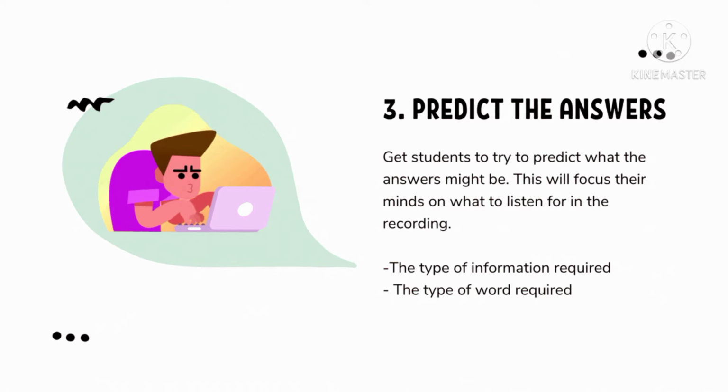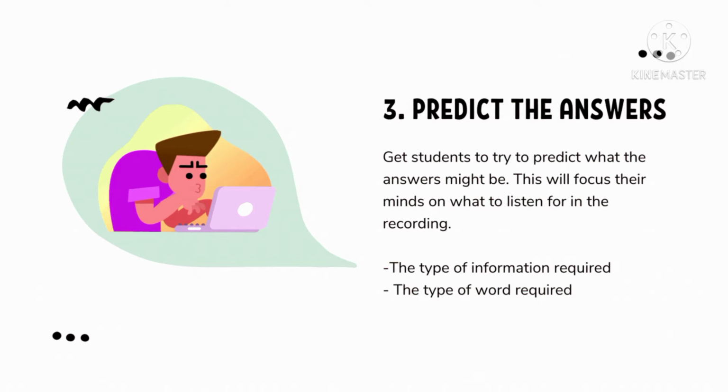3. Predict the answers. Get students to try to predict what the answers might be. This will focus their minds on what to listen for in the recording. Once in a while, students will be able to predict the actual word, but mostly they will be able to determine the type of information required, for example, last name, place name, date, phone number, zip code, percentage, price.